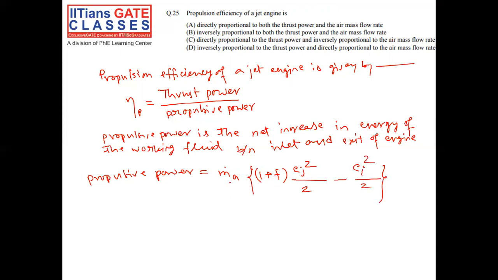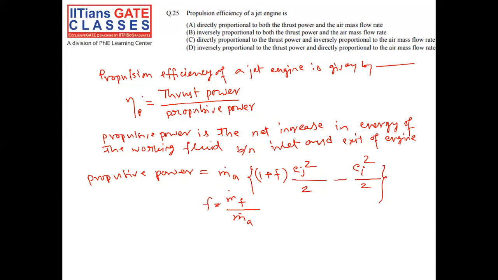Right, so m_a dot is the mass flow rate through the engine, basically the air flow rate through the engine, and Cj is the exhaust velocity, Ci is the inlet velocity, and f is the ratio of fuel flow rate and air flow rate. Okay, so propulsive power formula is this.